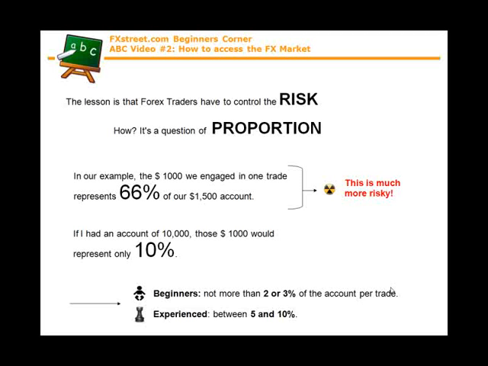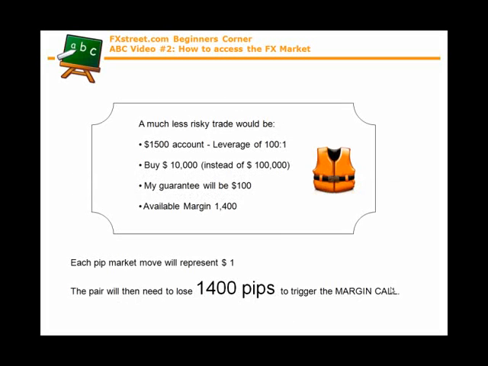Common sense suggests for a beginner not to risk more than 2 or 3% of the account per trade. Experienced traders used to work in between 5 and 10% of their total account and no more. As an example, with the same 1,500 account and a leverage of 100 to 1, I can choose to buy not $100,000 but $10,000, right?